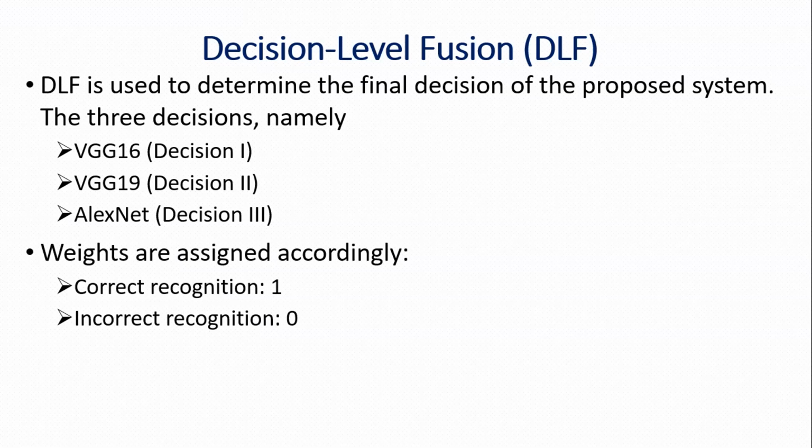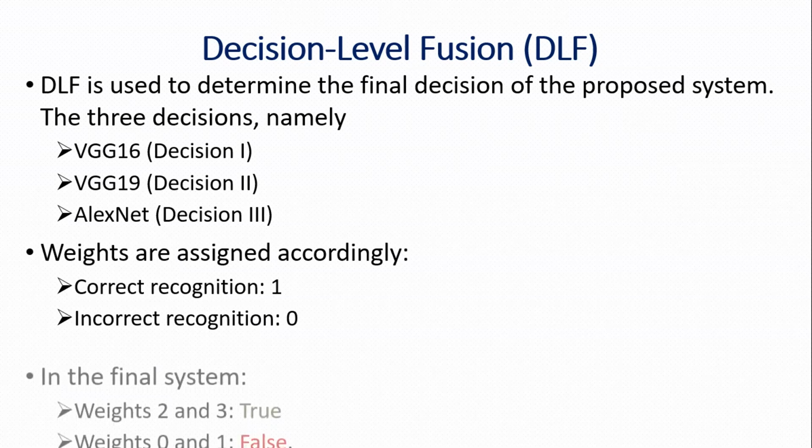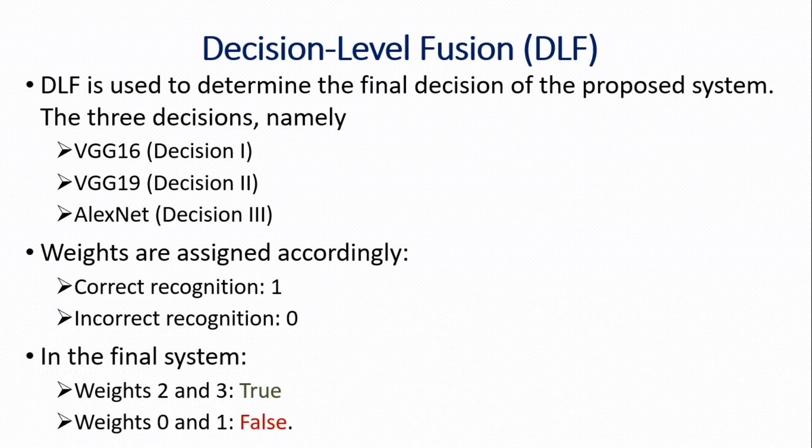We have 1 for correct recognition and 0 for incorrect recognition, which means that for each sample, we have the possibility of having 0 to 4. I mean 0 to 3. That is 4 possible answers. So for 2 and 3, we will be given true recognition, and 0 and 1 will be false recognition. This is the model of the decision level fusion.